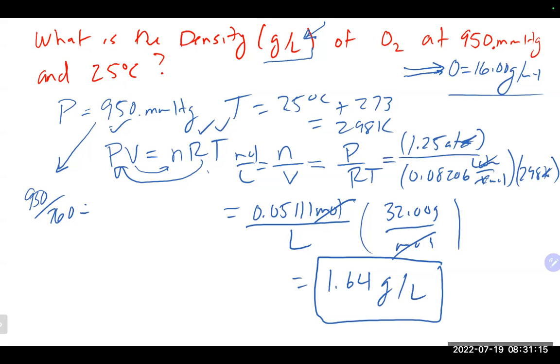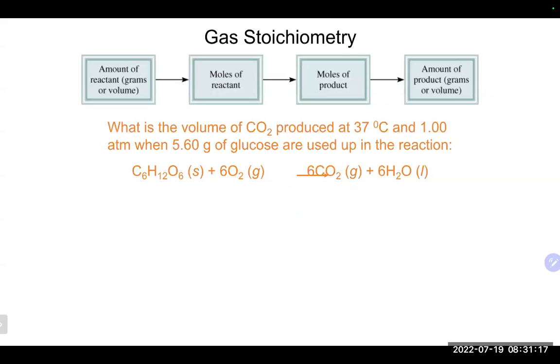All right, so next thing we're going to talk about is gas stoichiometry. The good news is gas stoichiometry pretty much is the exact same thing as all other stoichiometry. We also saw earlier that we can use a volume to volume relationship if we happen to be at constant temperature and pressure. But other than that, we would follow our normal steps. If it's a basic stoichiometry, which it probably is, again, we want to make sure we have a balanced equation.